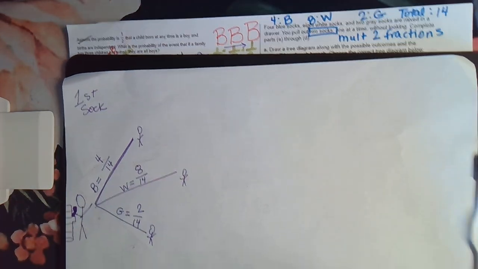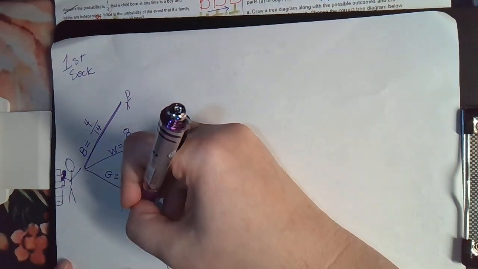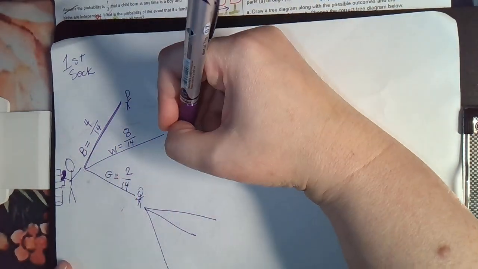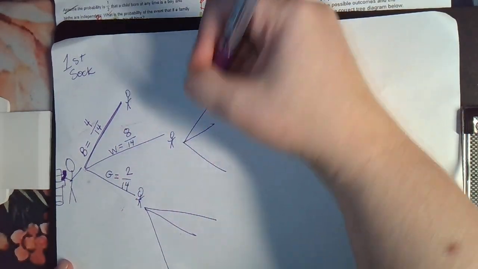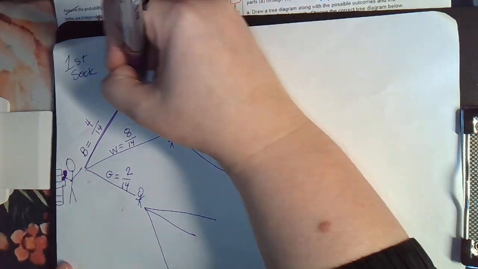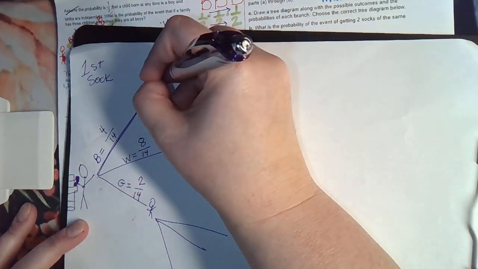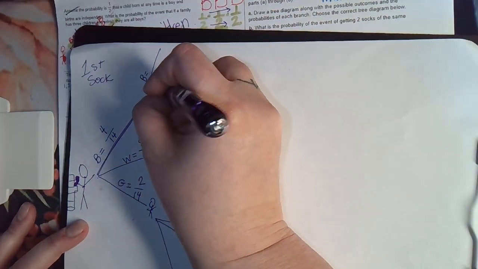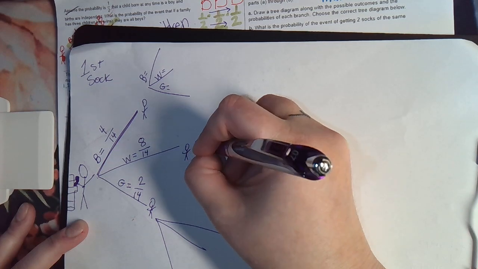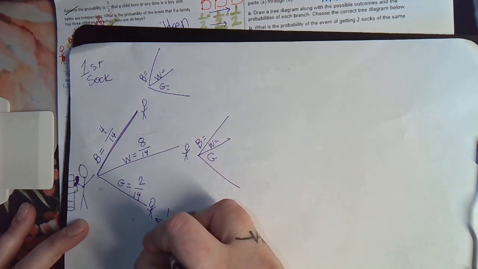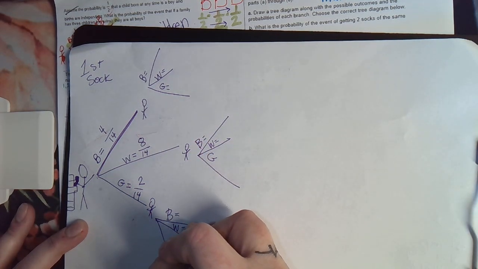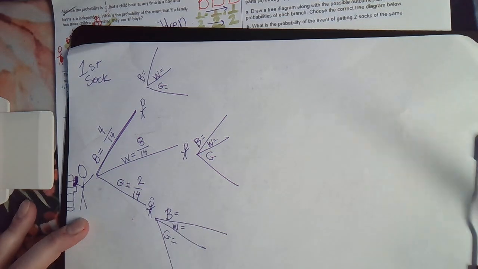And that other sock could go 3 different ways. That second sock that I pull could be blue, white, or gray. Okay?